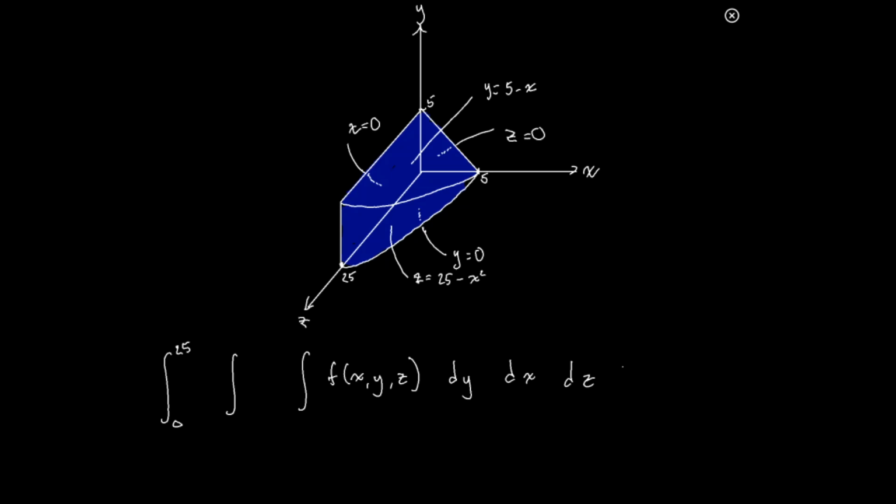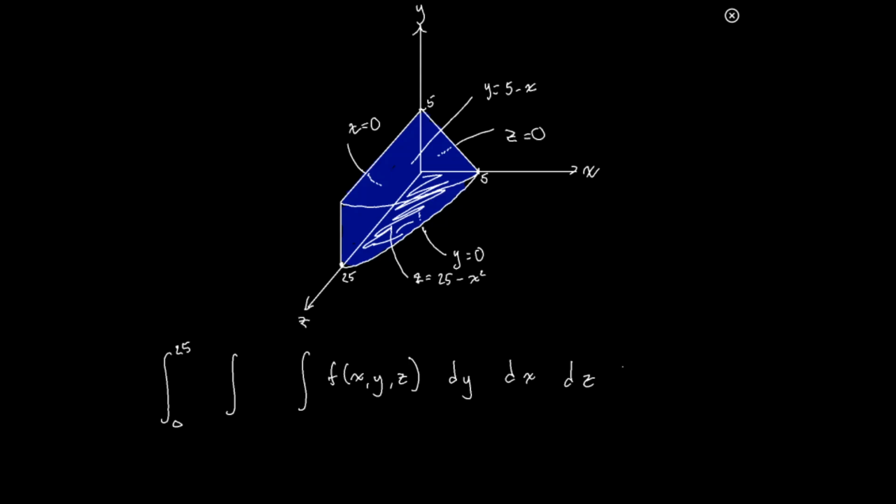Okay, now x is a little more complicated. x can have limits which are a function of z. So we look at the xz plane here, right? We look at this face, which is on that plane.